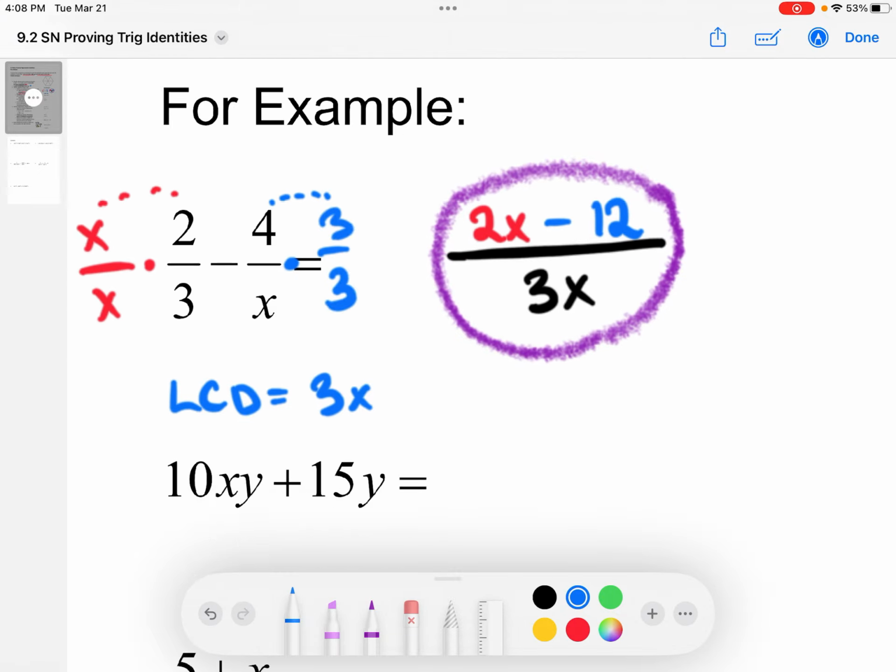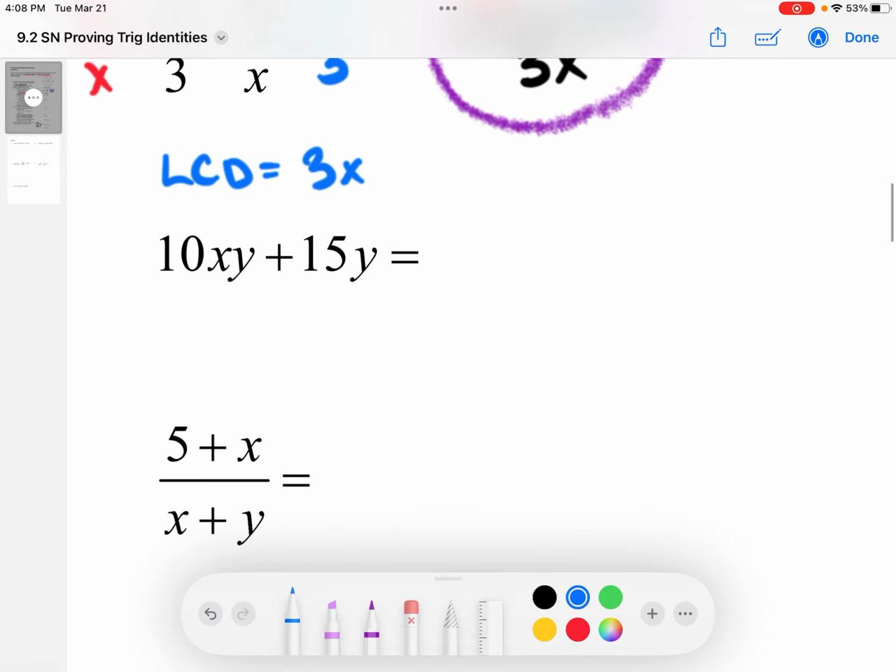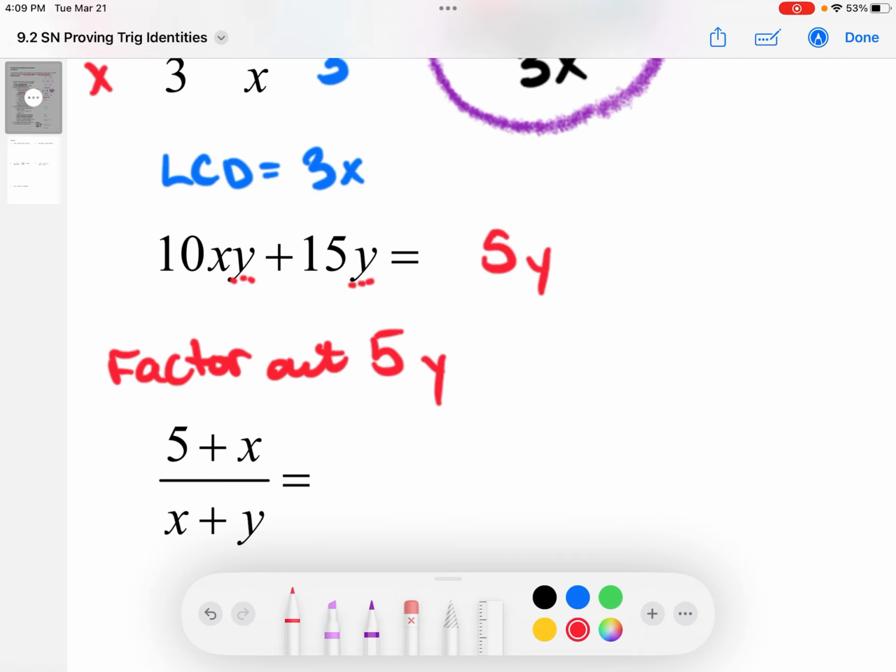Okay, this next one is factoring out a common factor. So if we look at the numbers 10 and 15, we can factor out a factor of 5. Both terms also have a y, so we'll factor out a 5y. Now that 5y needs to stay there. Then we open a parentheses and we divide each of these terms by 5y.